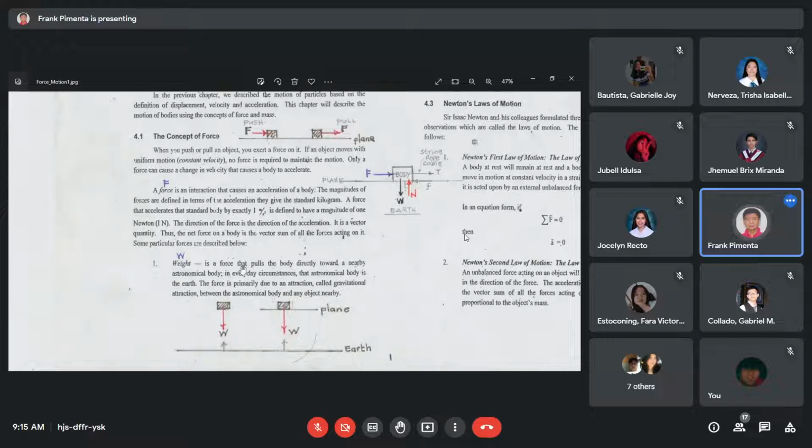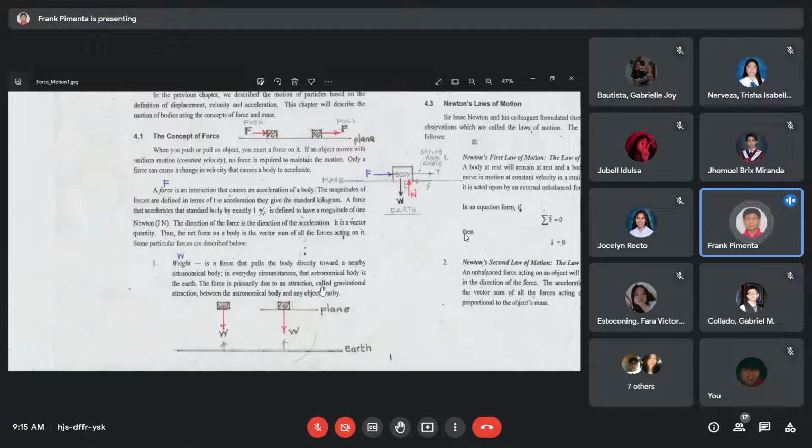Now, this force is due to an attraction called gravitational attraction. So, earlier we mentioned g, that is the acceleration due to gravity.